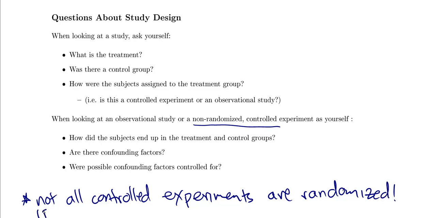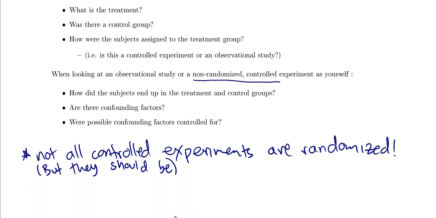But they should be. That's the best way to do it. So if you're looking at an observational study or a controlled experiment that wasn't randomized, ask yourself, how did the subjects end up in the two groups? What were the confounding factors, and were the confounding factors controlled for?